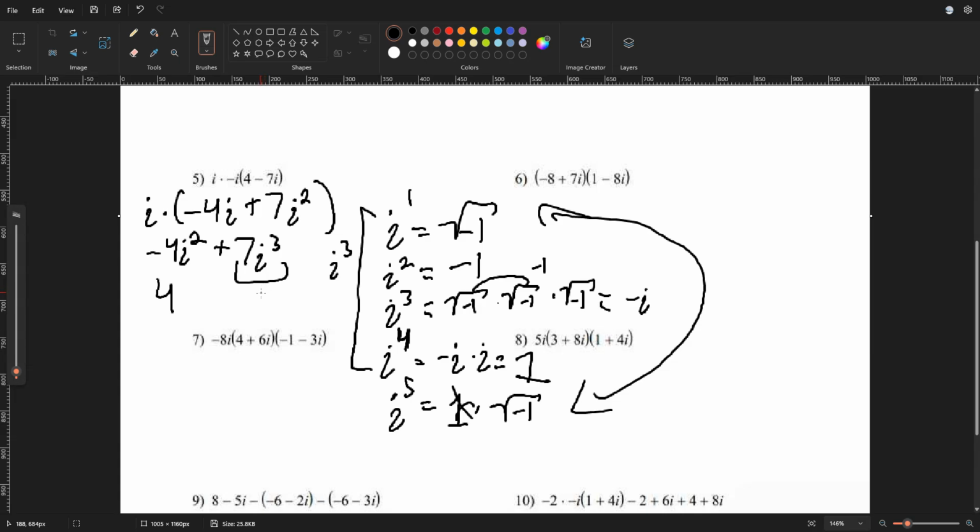So what this essentially breaks down to is minus 7i, because again, i cubed is the same thing as negative i when it's solved. So that is going to be your answer for the third problem.